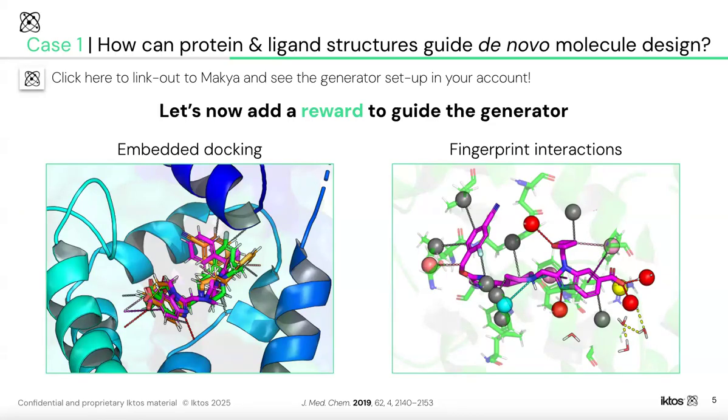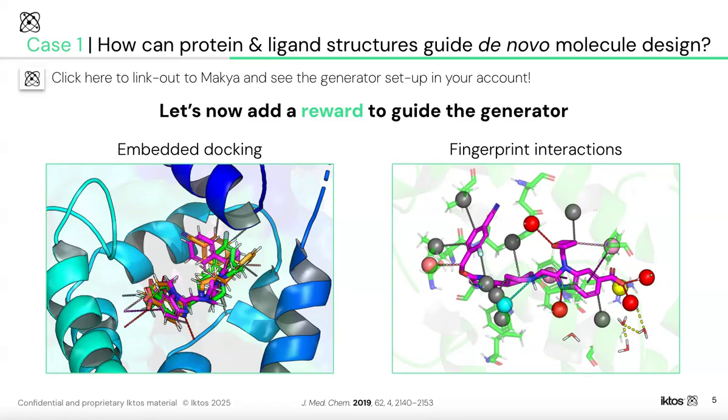Once we define the chemical constraints, the next step is to guide the AI with a reward function to help it prioritize what good actually looks like. In this case, we are leveraging structure-based rewards. On the left, you see MDAT docking, which evaluates how well the generated molecules fit into the binding site.